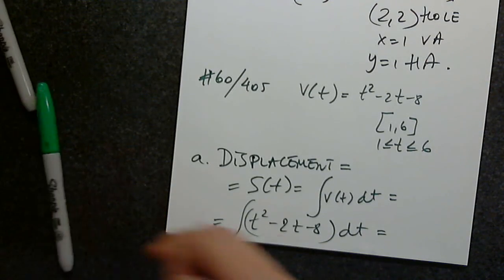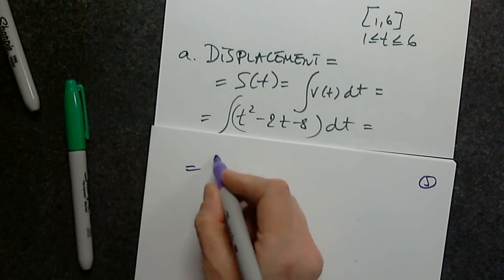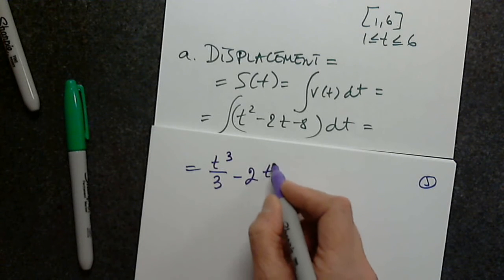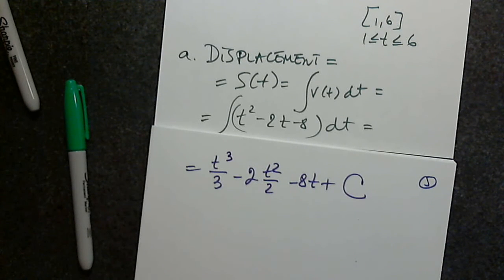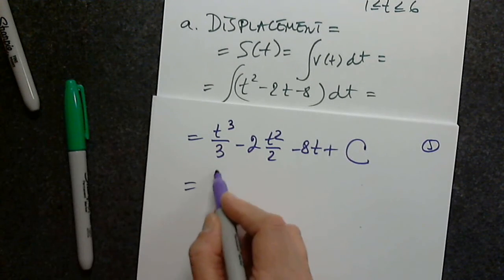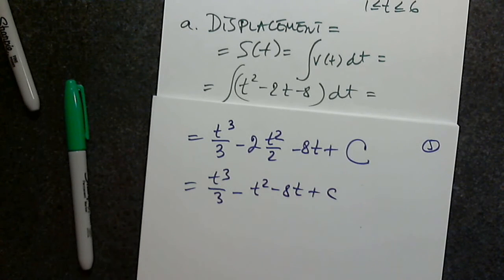Can anyone steer us in the right direction? T cubed divided by 3 minus 2t squared over 2 minus 8t plus a constant c. Yes, we can clean it up a little bit as t cubed over 3 minus t squared minus 8t plus a constant c.